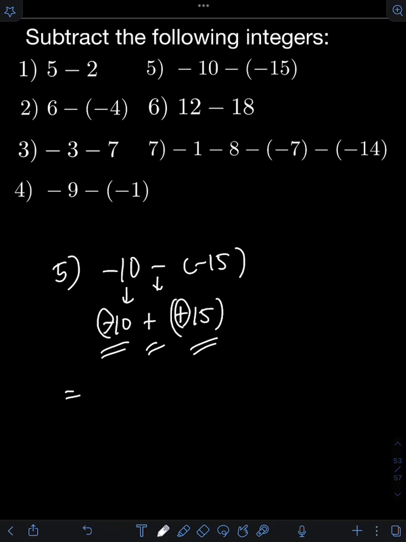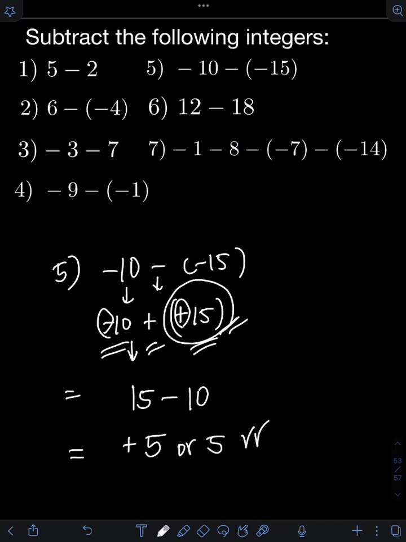Again, we subtract the absolute value of the smaller, which is 10, from the absolute value of the bigger, which is 15. So 15 minus 10, that will be 5. And we need to copy the same sign of the number with the bigger absolute value, which is the positive 15. So the final answer should be positive 5, or simply 5.